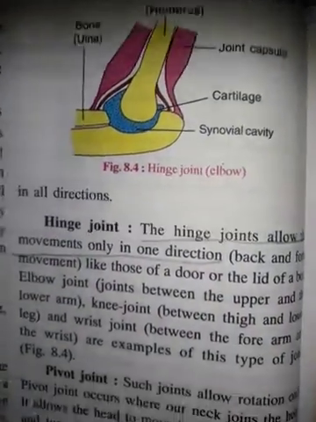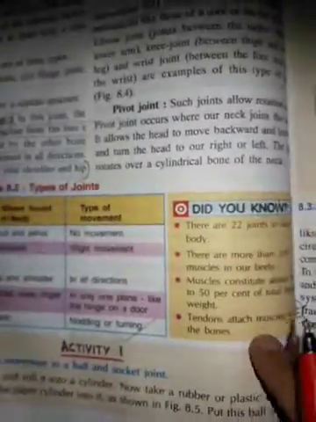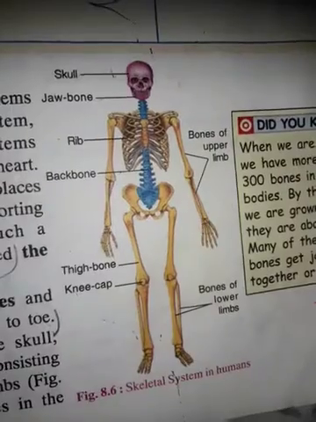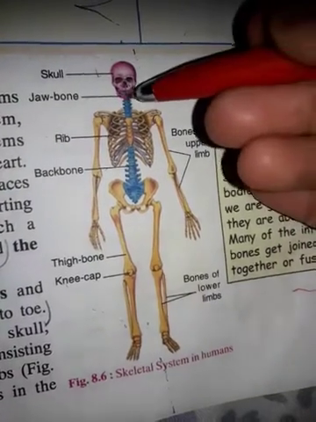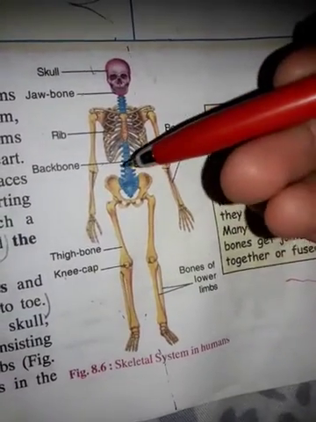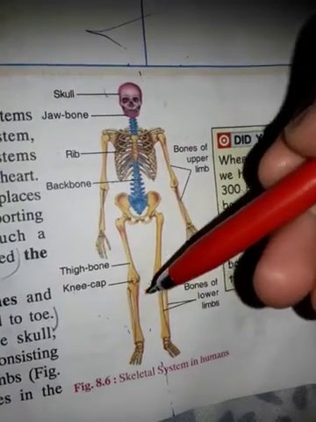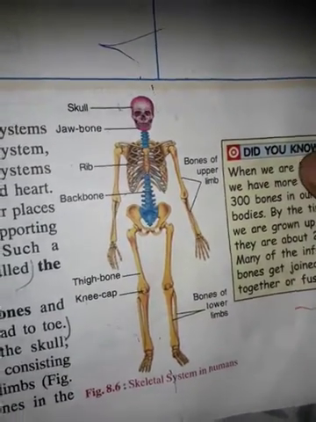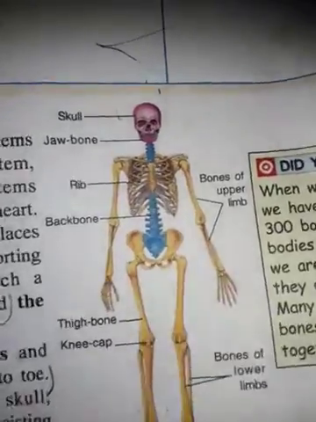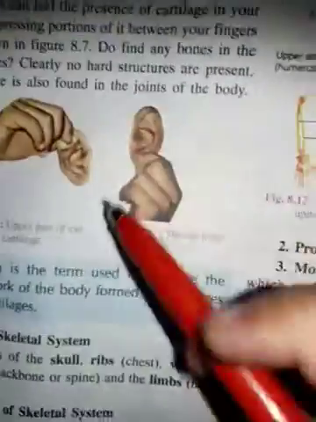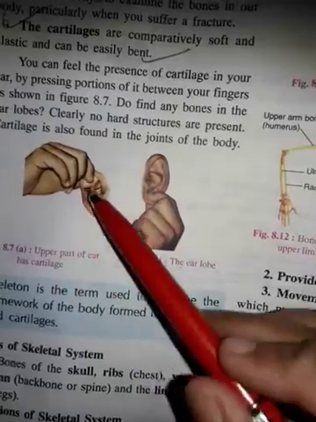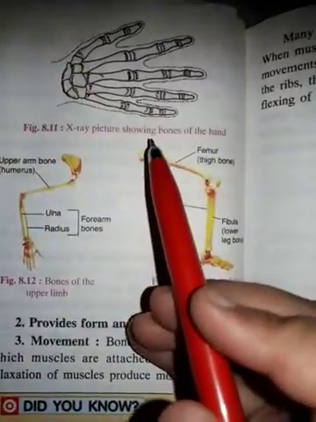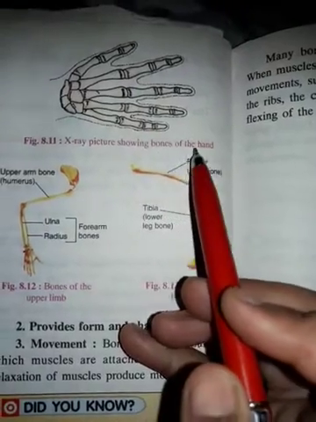This is the hinge joints, and then you can see the skeleton. This is the skeleton. This is the skull, jawbone, rib, backbone, thigh bone, kneecap, bones of upper limb, bones of lower limb. And this is the human skeleton, and this is the cartilage, earlobe, and an x-ray picture showing the bones of the hand.